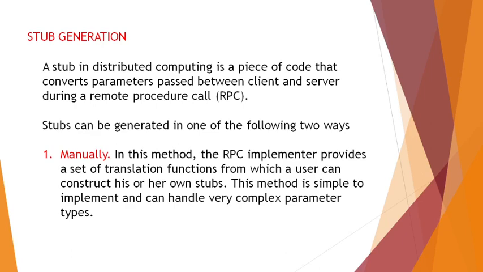Stubs play an important role in RPC. So there will be both a client stub and a server stub. We can generate them in two of the following ways. One is manual, in which the implementer will give some set of translation functions from which the user can generate their own stubs.